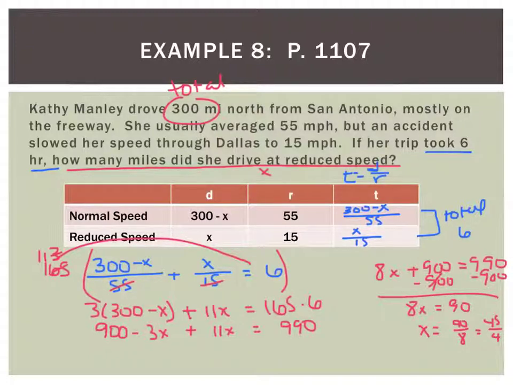So I could probably leave it as 45 over 4, but since we're talking about how many miles, I mean, if I told you I drove 45/4 miles, that probably wouldn't make a whole lot of sense to you. So since we're talking application problems, you want it to make sense in real world terms, I would go ahead and change that to a mixed number. So 4 goes into 45 11 times with one remainder, so 11 1/4 miles.